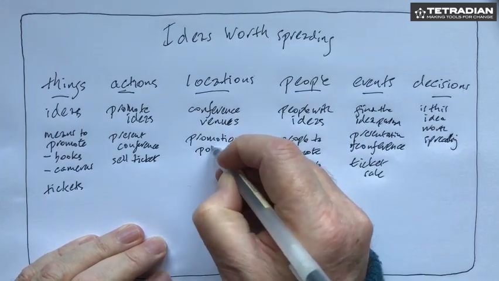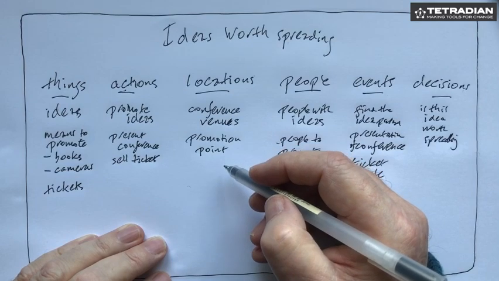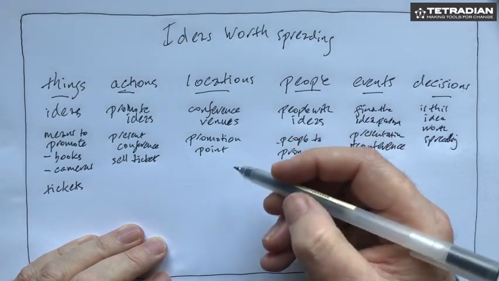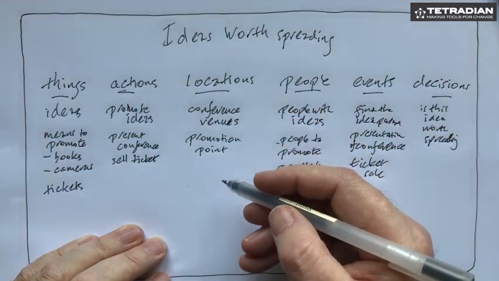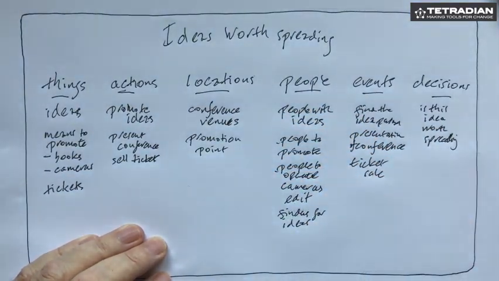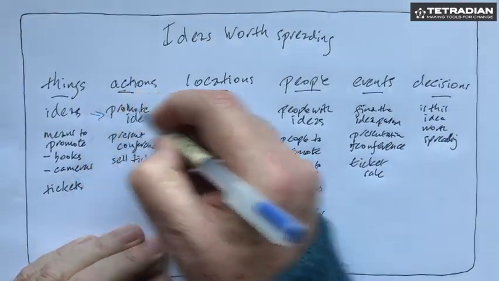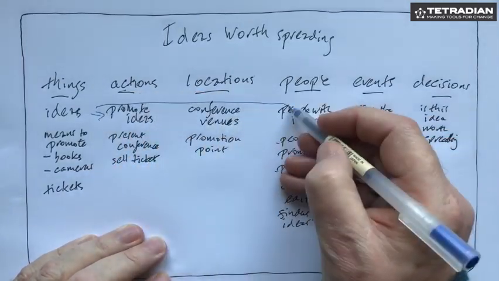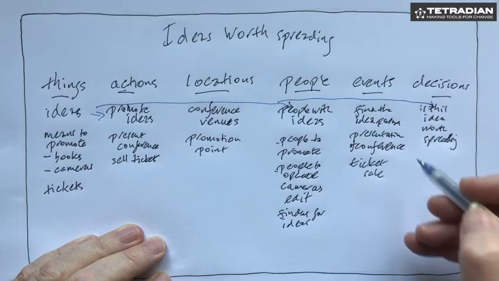And you'll notice that a lot of these things, for example, a promotion point might be physical, it might be virtual, it might be word of mouth. So there's different ways we can describe the meaning of location. So just in this straight away, what you've got here is a whole load of connections between things. We've got to find the people with ideas. We've got to check whether the idea is worth presenting.